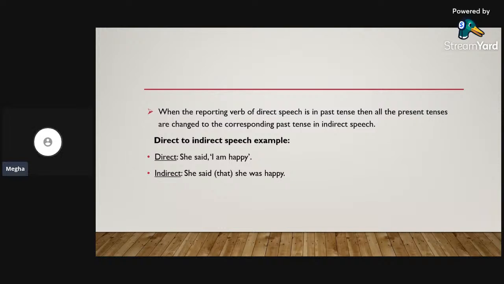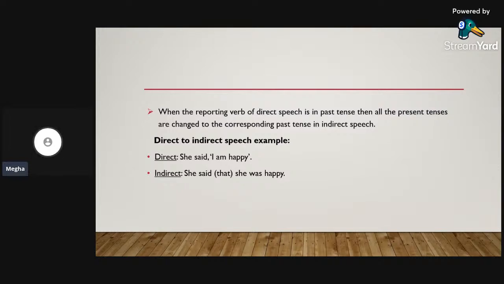In direct speech, she said, I'm happy, but in indirect speech, she said that she was happy. See how the tense has been changed to past tense, right? Here, she said is the reporting verb.